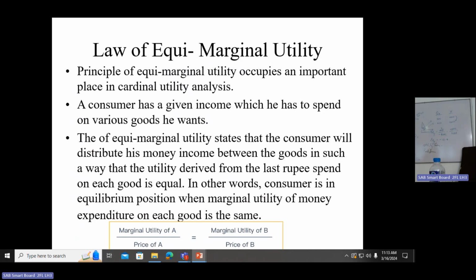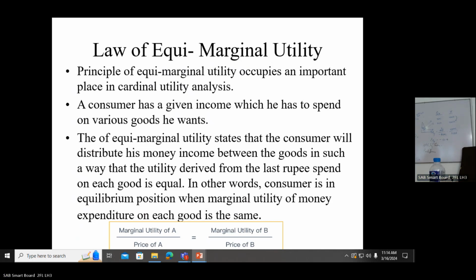So to explain the equilibrium, we use the law of equimarginal utility. That explains the marginal analysis here, in order to explain the two goods of the market.